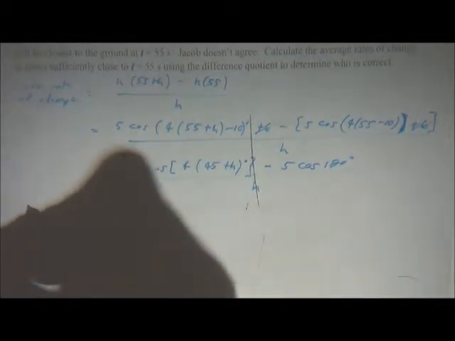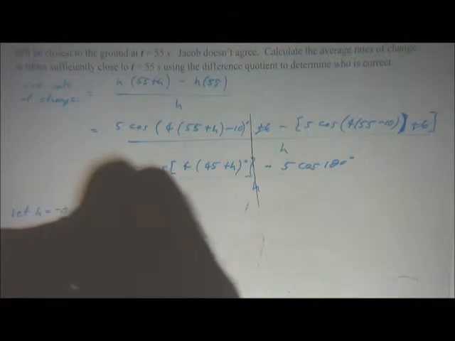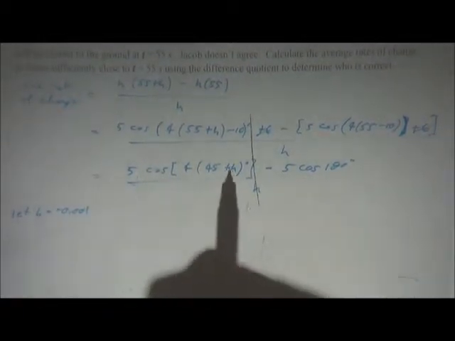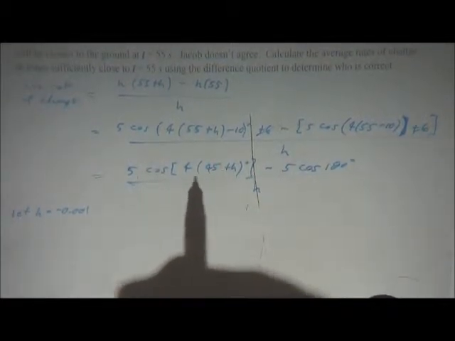So then, importantly here, what we're going to do is we're going to let h equal negative 0.001. And I know that maybe that's a little bit smaller than we really need here, but because we're multiplying by 4, after we added 45, maybe things will work out okay.